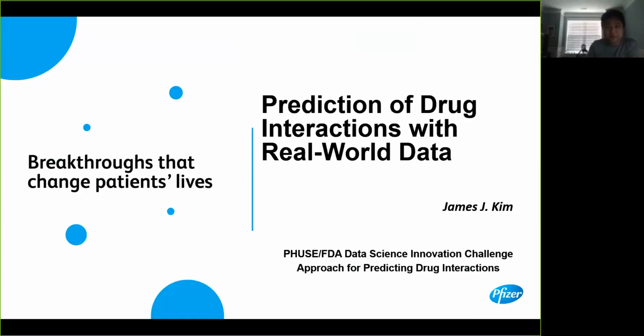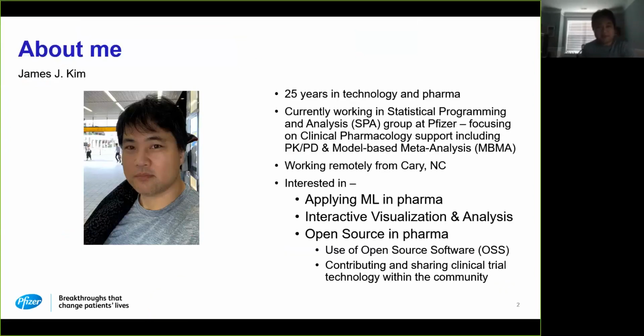So I know Beth gave a little bit of a background, but this is me, how I look. I'm currently working remotely from Cary, North Carolina, like many of you working from home. My main interest is applying my background in technology, recently focused on machine learning, in pharmaceutical data science.